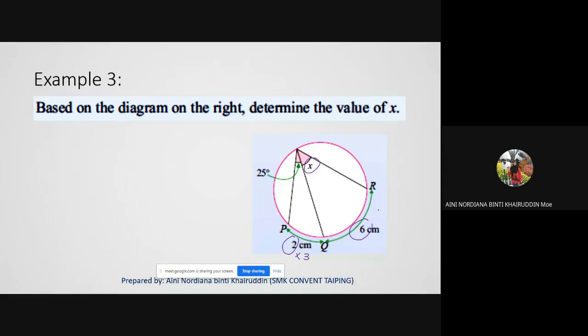So when the arc is 3 times, the angle also 3 times this angle. So in order to calculate the value of X, 25 times 3 equals to 75.